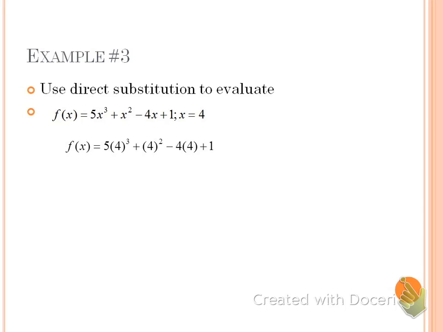What's the next step? This is where people go wrong. The exponents, right? You need to do 4 to the third and 4 squared. That gives you 64 for the 4 to the third, 16 for the 4 squared. And then it's just multiplying. And then it's just adding.